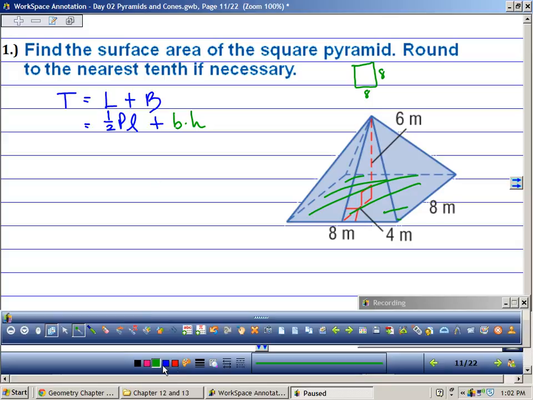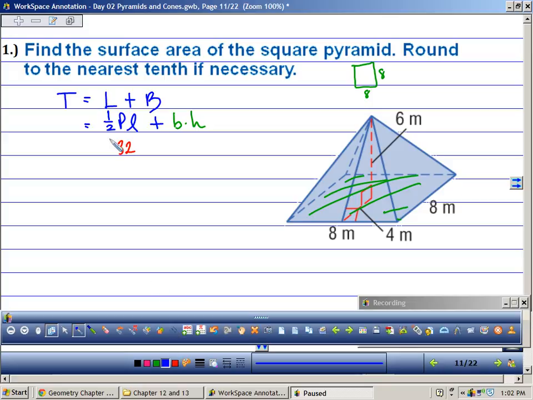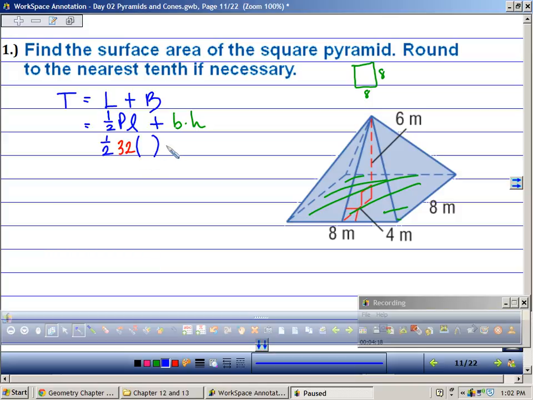All right, so let's find, can we find the perimeter of this figure? How far is it all the way around the pyramid? 32. Let's put 32 in there. Do we have the slant height? We do not. We do not have the slant height.